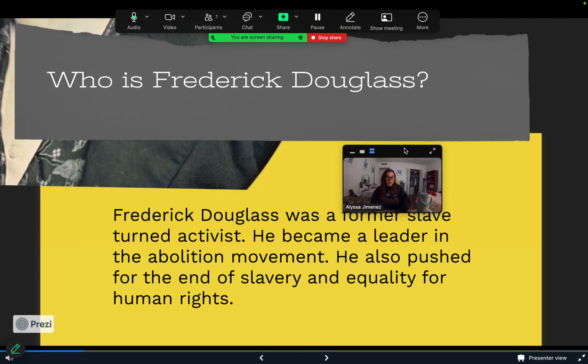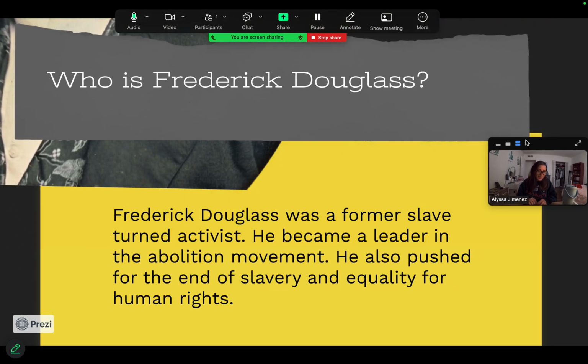Sorry about that. Frederick Douglass was a former slave turned activist, and he became a leader in the abolition movement. He also pushed for the end of slavery and equality for human rights. We all know slavery means that this person is less than a person.